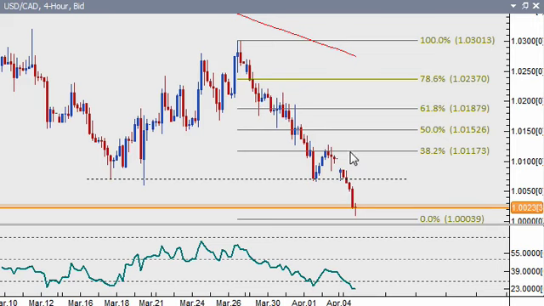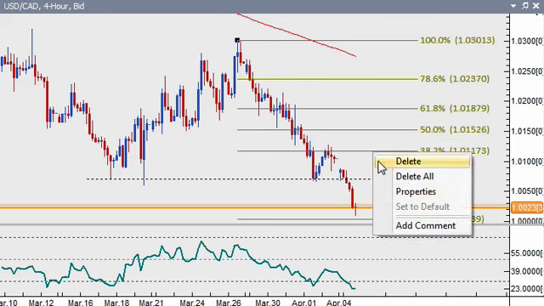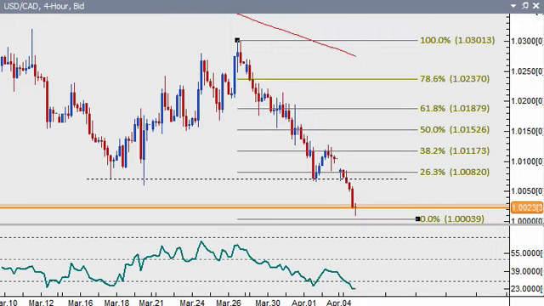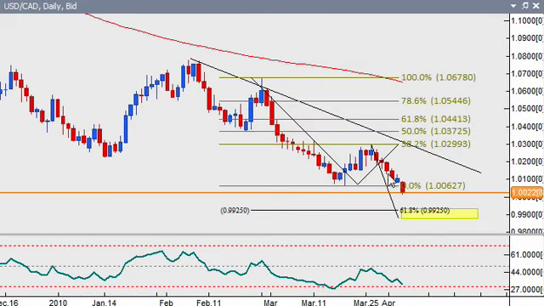You could go like that. So here's your 38.2% and your 26.3% as a probable short correction. Okay, so look for that topping, and then again 0.99 is our short intermediate term target.